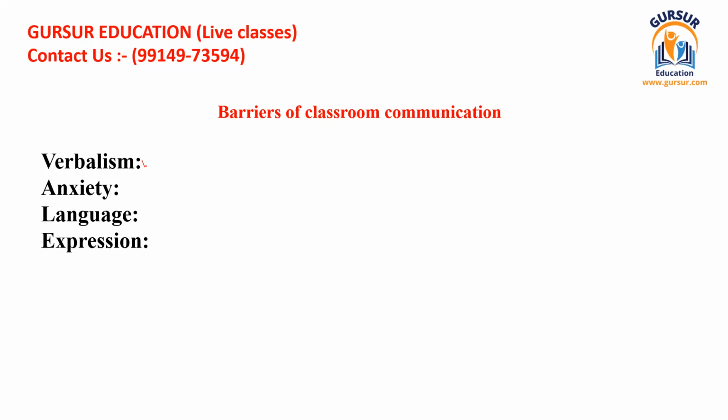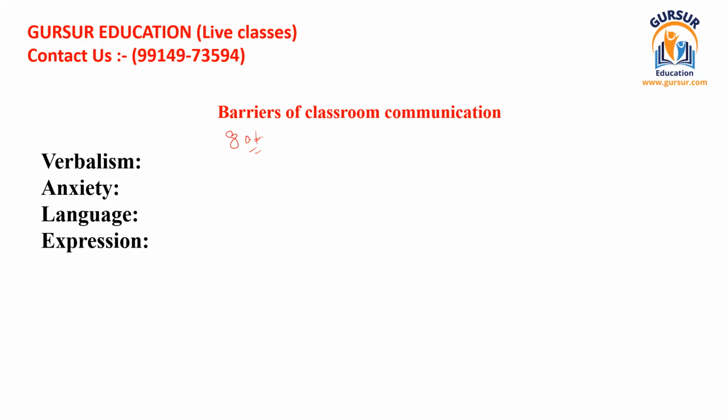So the first one is verbalism, the use of words. Sometimes a teacher uses some kind of words which are not understandable by the students, because it's not just one student sitting in the classroom. There can be any number. I have experienced that in the initial days of my career. I used to take classes of more than 80 plus students.